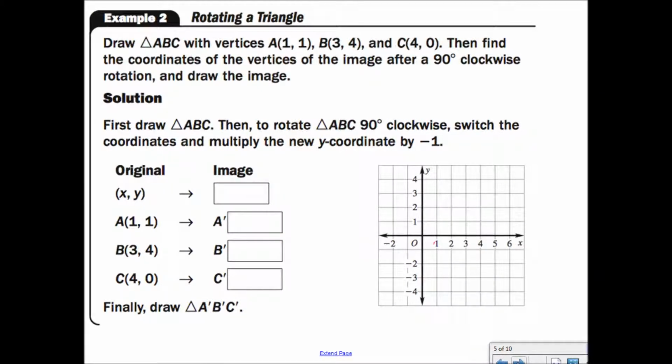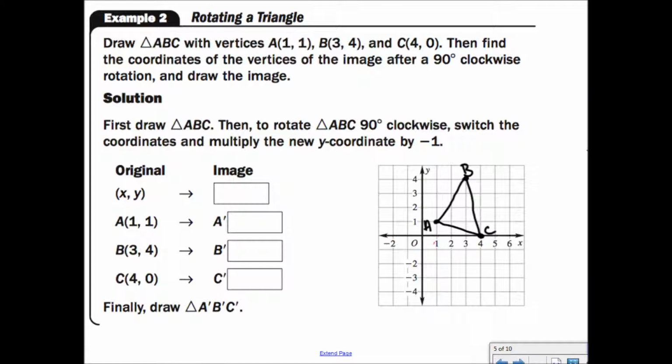Draw triangle ABC with vertices at 1, 1, 3, 4, and 4, 0. So 1, 1, 3, 4, and 4, 0. And this is A, B, and C. Then find the coordinates of the vertices of the image after a 90-degree clockwise rotation and draw the image.